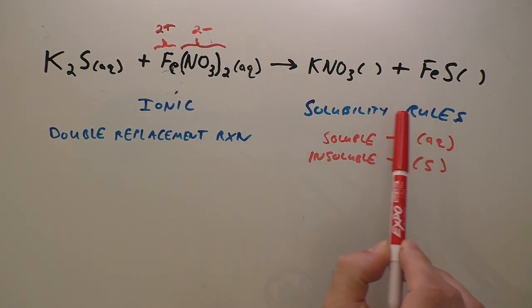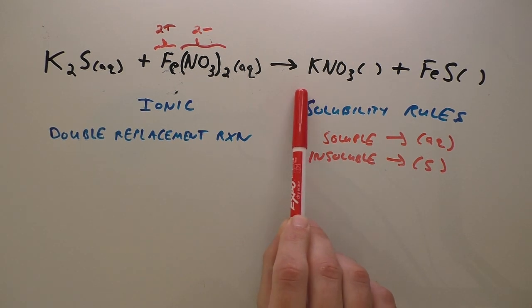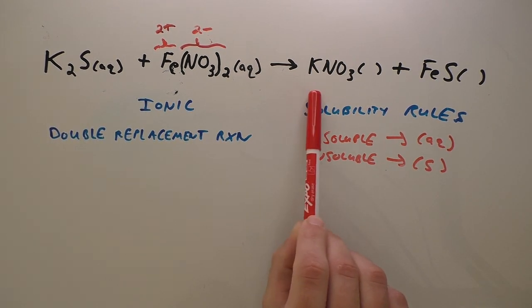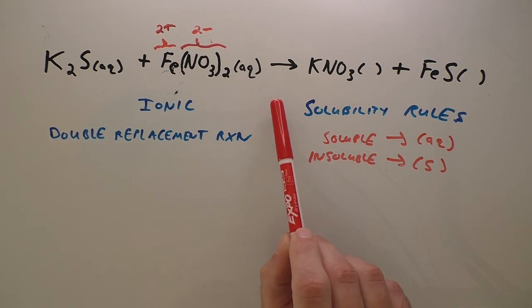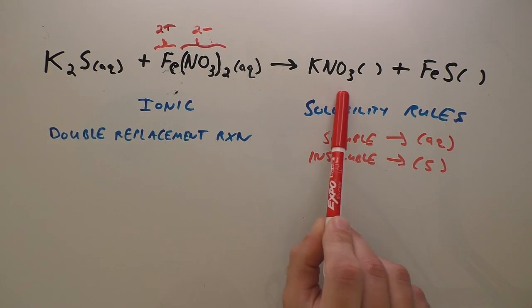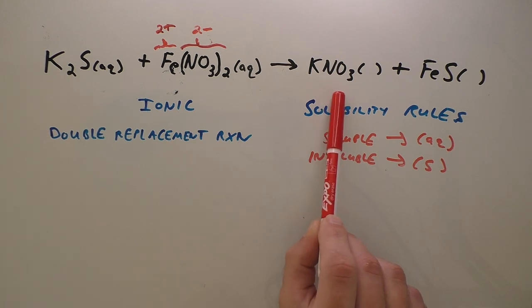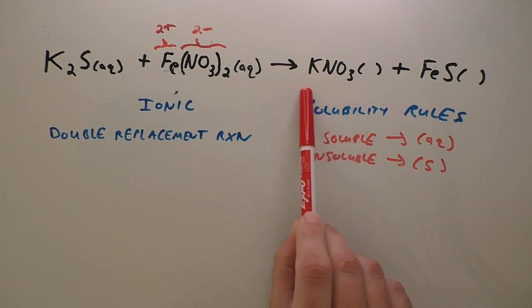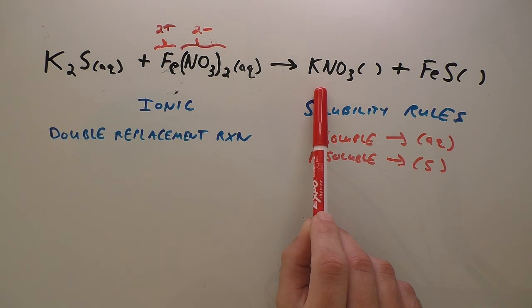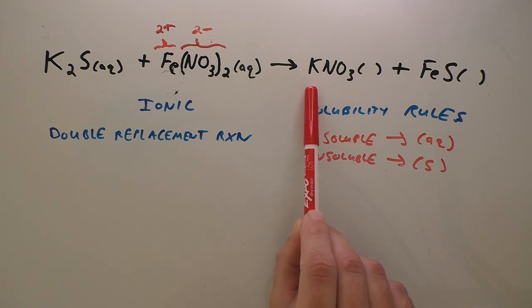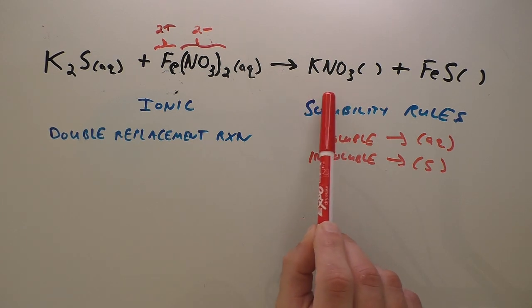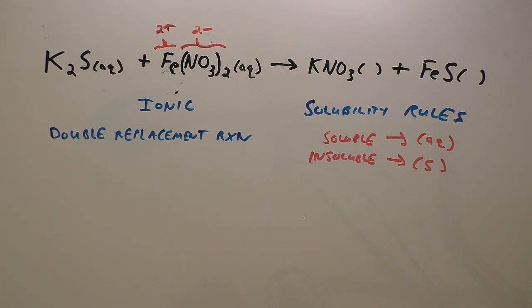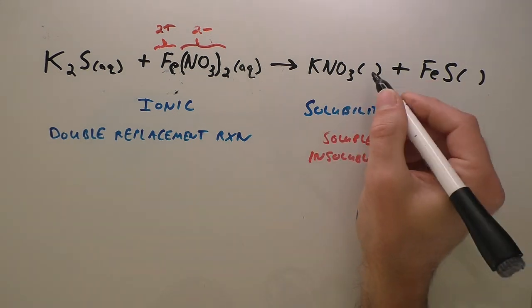And according to the solubility rules, any group 1A metal cation, any alkali metal cation, when it forms an ionic compound, is just always going to be soluble. And the same is true for the nitrate ion. All nitrates are soluble. So this one's actually pretty straightforward because the rule that all group 1A metal salts are soluble and all nitrates are soluble doesn't have any exceptions. It's just always soluble. So this one is going to carry an AQ.